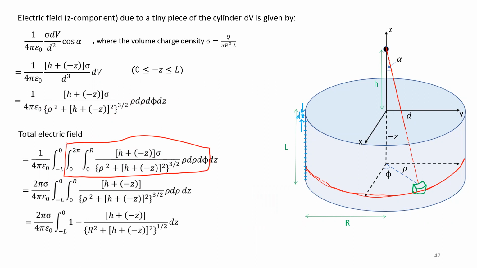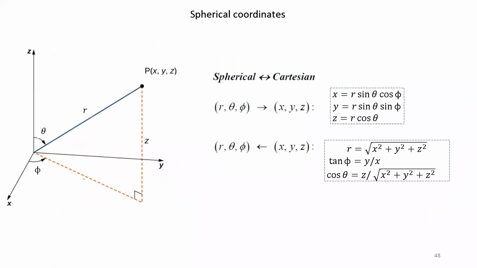And then as I said in the last example, you just need to set z equals 0. So I'll skip the details here, but this is the final answer you got.